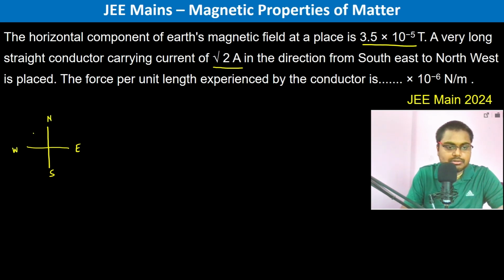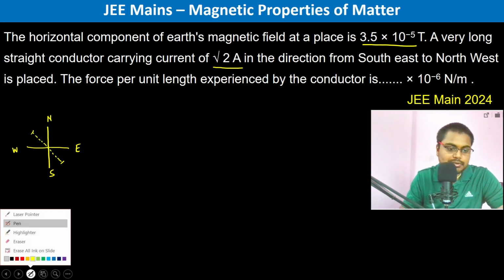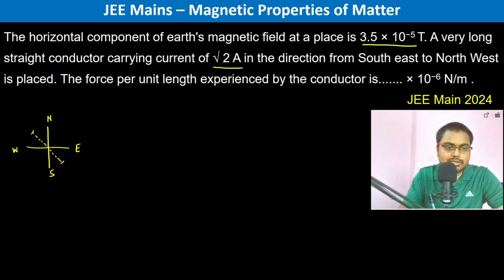So this is how the conductor is placed. And the horizontal component of the Earth's magnetic field is such that the geographical north is Earth's magnetic south pole, and this is the magnetic north pole. So therefore the magnetic field is in this direction.